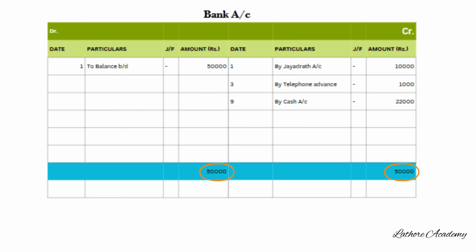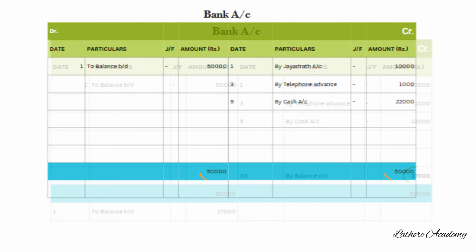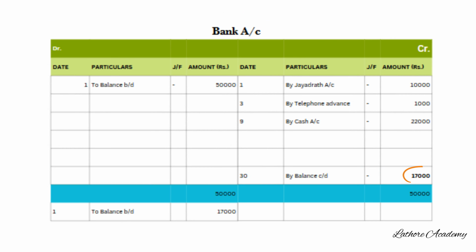Similarly, moving on to the next account, bank account, check the totals of both sides. In this case, the debit side total is more, so accordingly we have written 50,000 on both sides, and the balancing figure comes on the right hand side as 17,000 rupees, because when the debit side total is more, the difference amount comes on the right hand side.